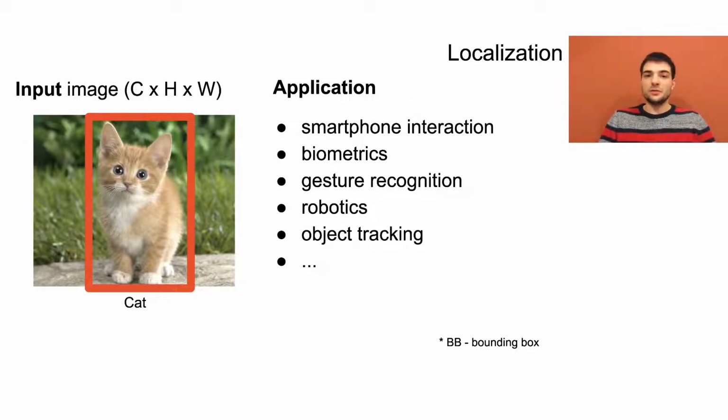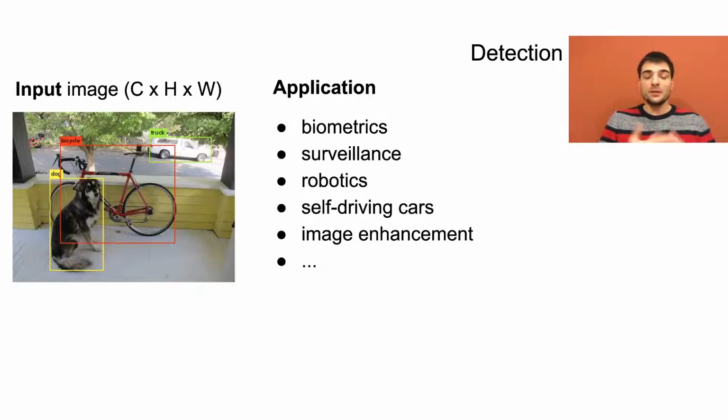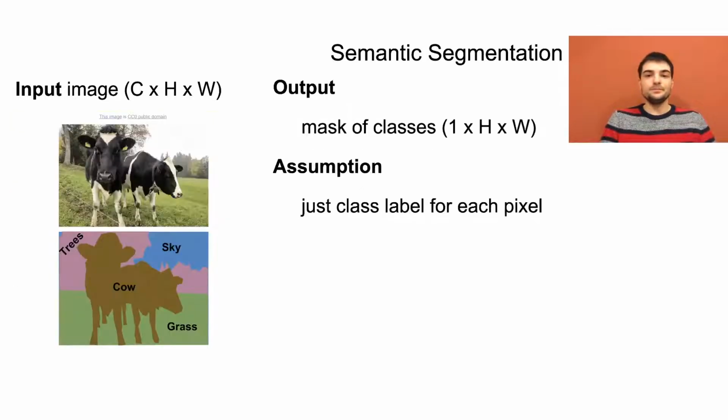Gesture recognition, for example, you show only one hand into the camera, and then the software and hardware actually detects the hand and then classifies the symbol the hand is showing. Robotics, we need to track something around us, object tracking, and so on. For detection, everything is just the same. We just assume that we might have several objects on one image, nothing else.